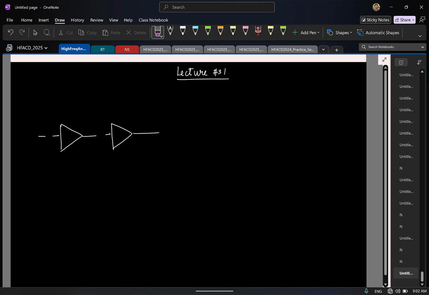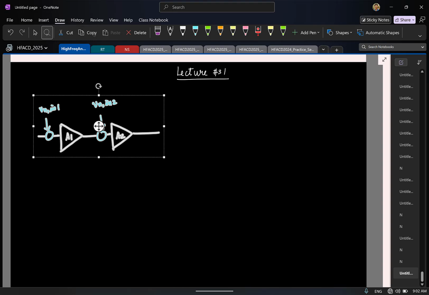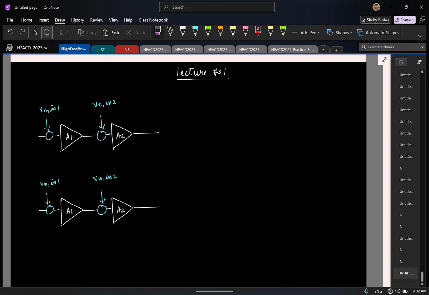So let us say you already computed the input referred noise for both stages, that is Vn in 1, Vn in 2, and let's say this has a gain of A1, A2. Now the goal is to model the overall noise in this 2-stage structure using a single voltage source at the input.